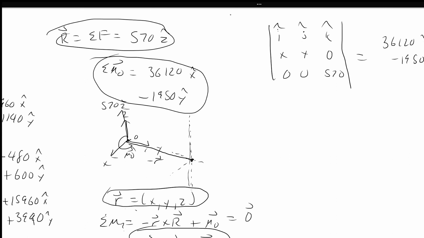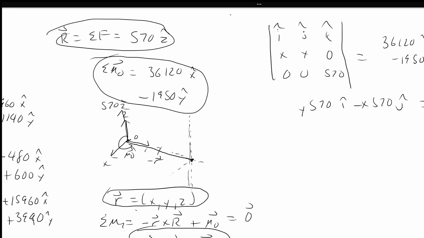Yes, alright. So, we take the i determinant, so that the i, that'll be y times 570 in the i direction. And then the j, we're going to have x times 570, and that'll be a negative sign in the j direction. 36,120 i hat minus 1950 j hat.